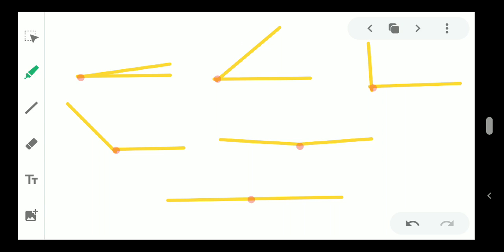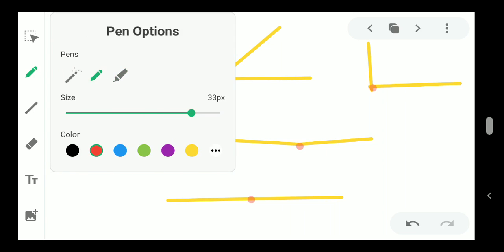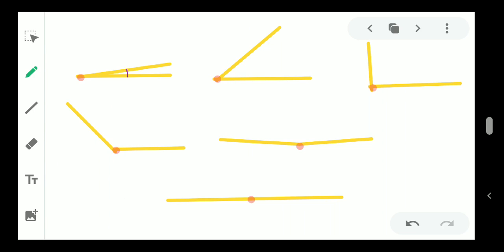Now the angle for this one is very small, you can see, because they are very close together. This angle is a little bit higher. This is our 90 that you know already. So slowly it is increasing. This is bigger than 90, this is much bigger than 90.